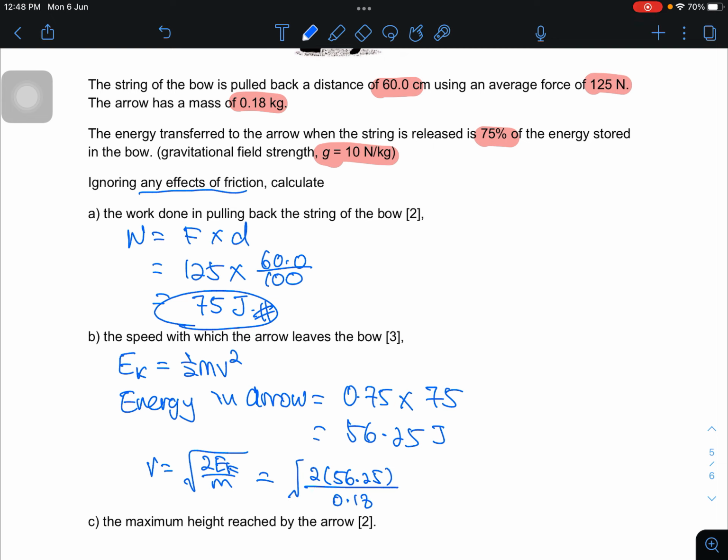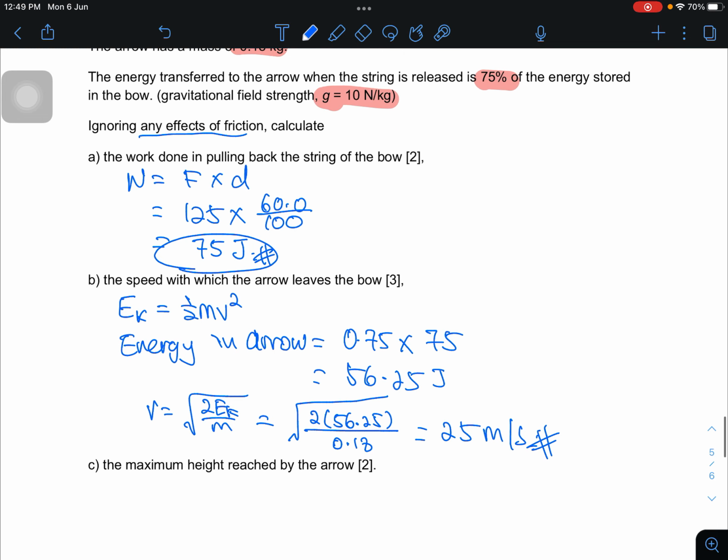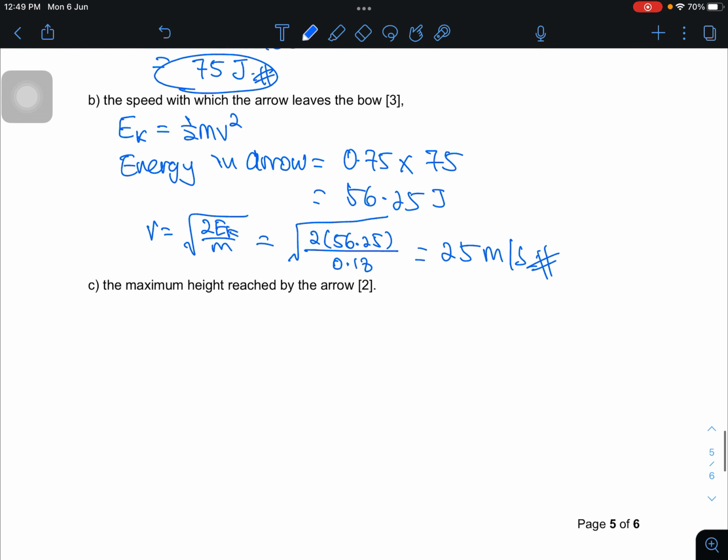Square root of 56.25 times 2 divided by 0.18. Okay, 625. No wonder I find the number so familiar. 25 meters per second. That will be the speed of the arrow as it leaves the bow. Really fast, definitely can pierce.